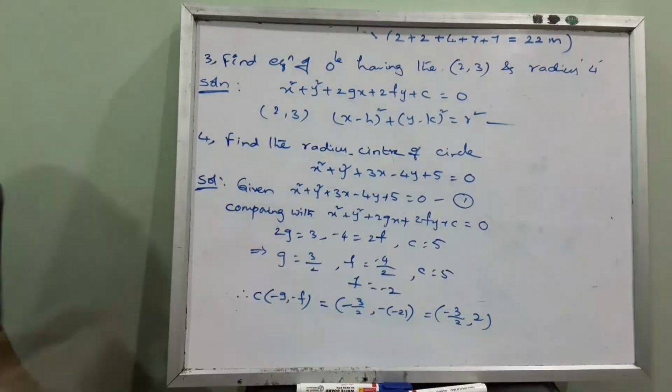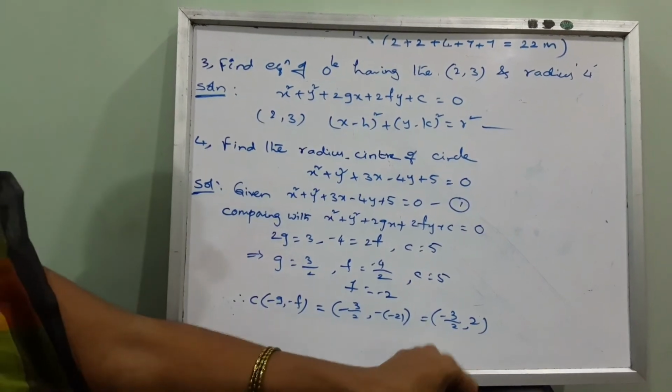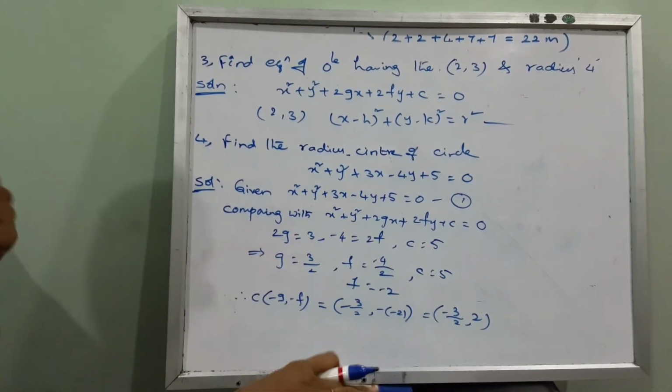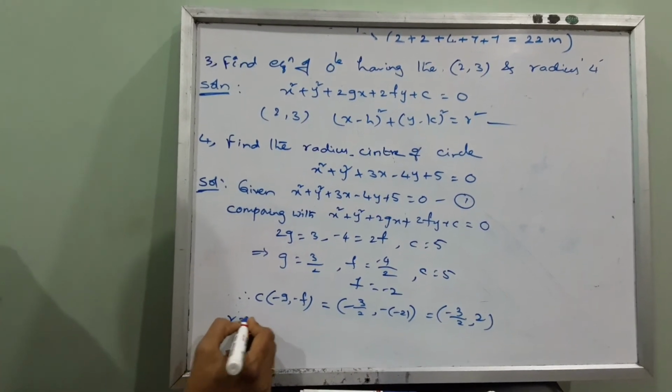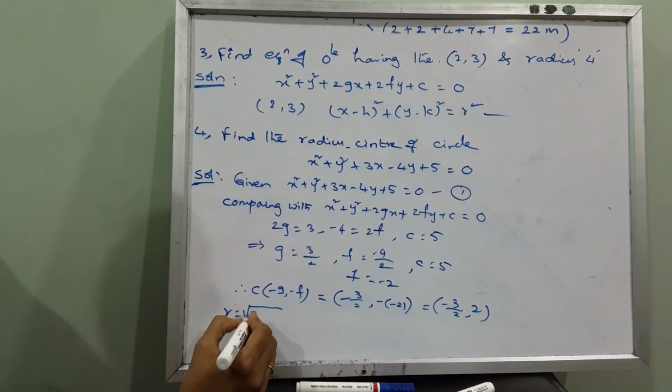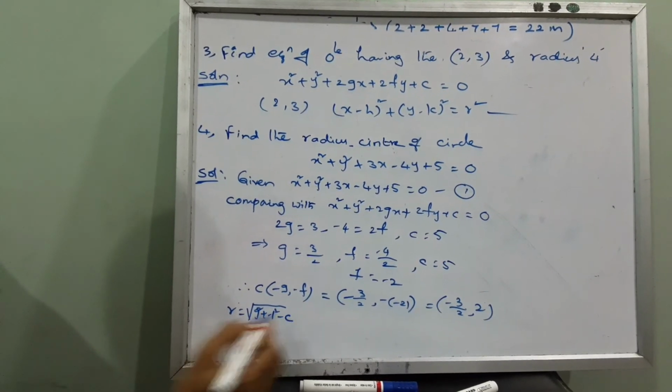This is the center of the circle. Next we have to find the radius. What is the formula for radius? Under root g square plus f square minus c.